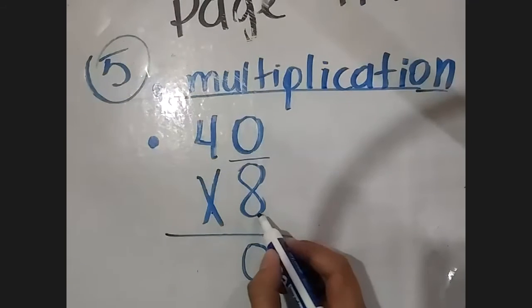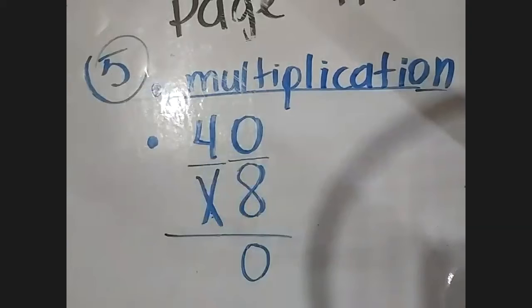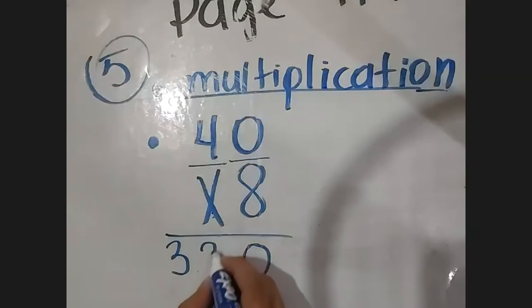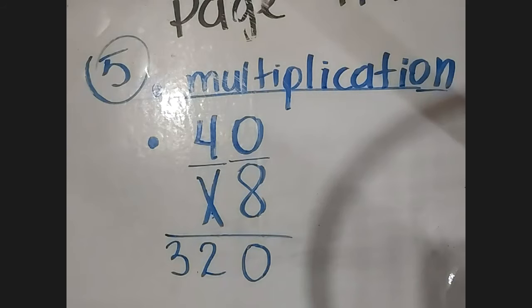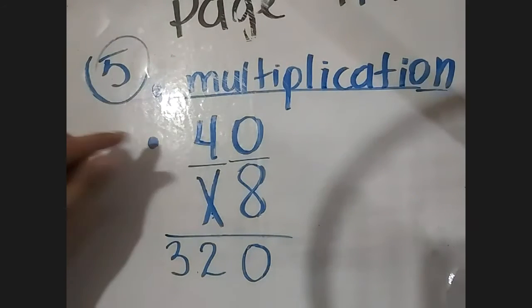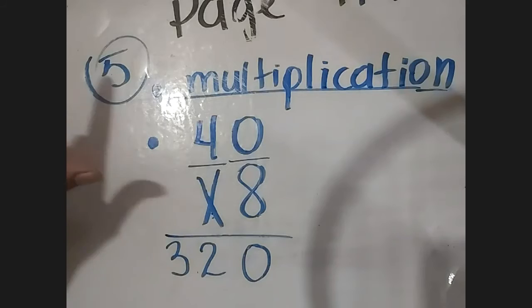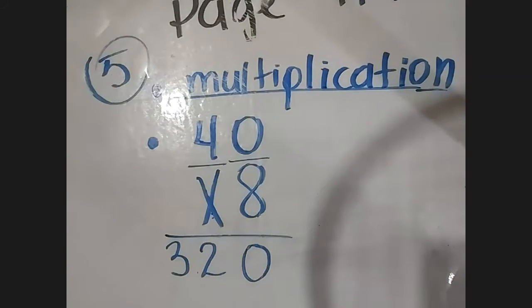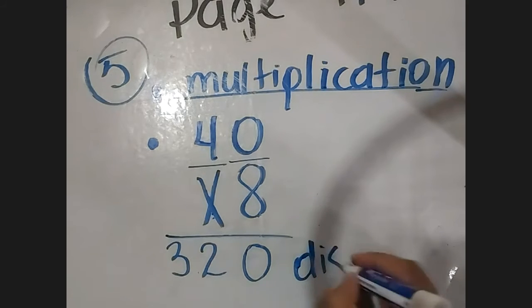Now let's see the next one. 8 times 4, or 4 times 8? 32. Can I write the two numbers? Yes, I can write it because there are no more numbers to multiply. And how many discs are in total? 320.